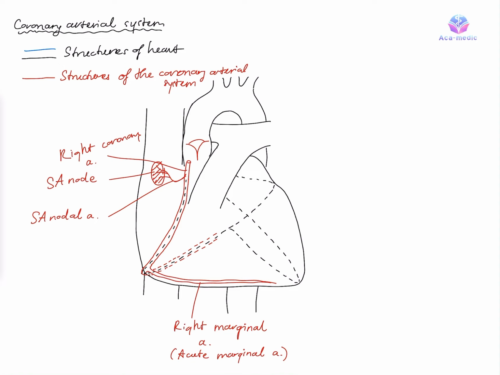And when it reaches this portion, it is going to give up another branch right here. And that branch is going to feed another structure right here called, unsurprisingly, the AV node. Because the AV node is going to be in between the atria and the ventricles. AV node is going to be another important structure in the conducting system of the heart.